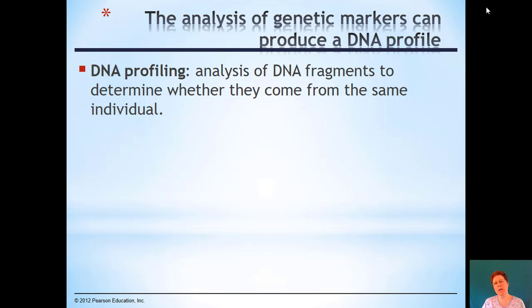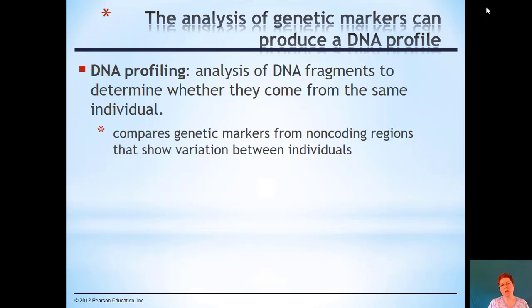What we're doing with this is we're not analyzing all of the DNA. We're analyzing DNA fragments and little pieces that we're targeting using PCR to determine what the identity of the individual is. We use these things called genetic markers, and they're found in non-coding regions of the DNA. But there is variation between individuals, even humans.